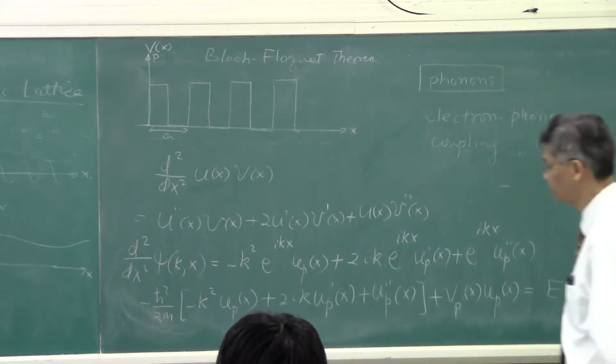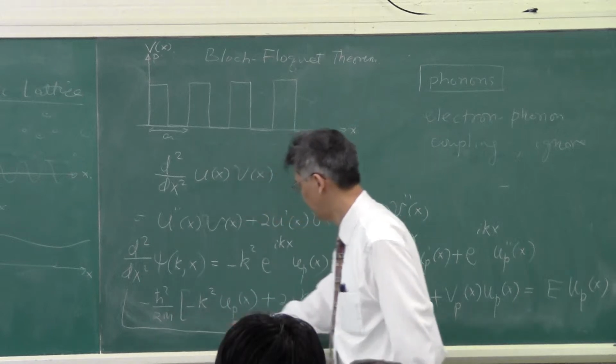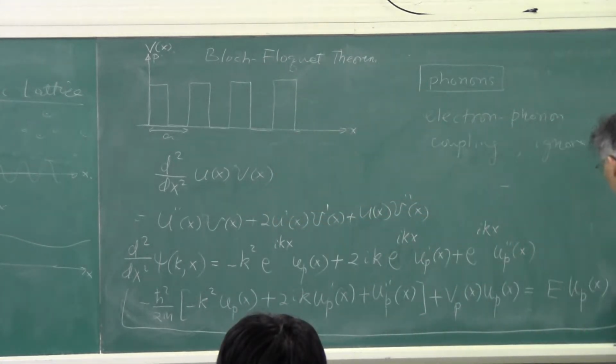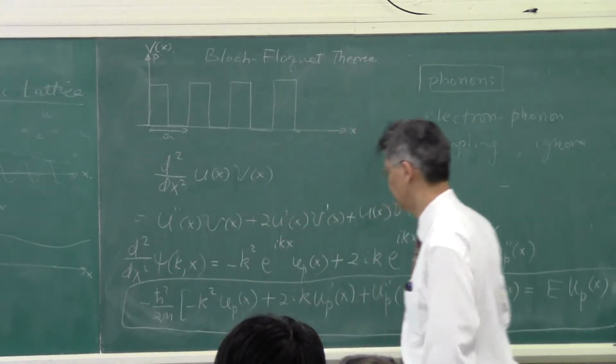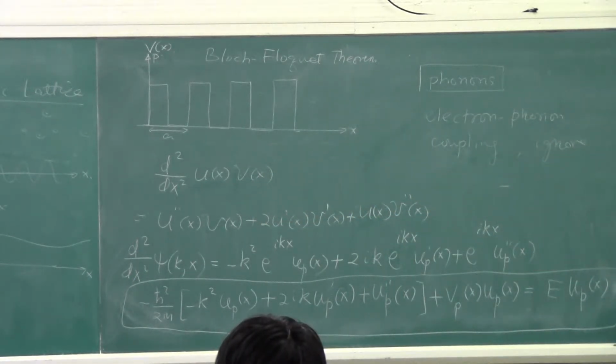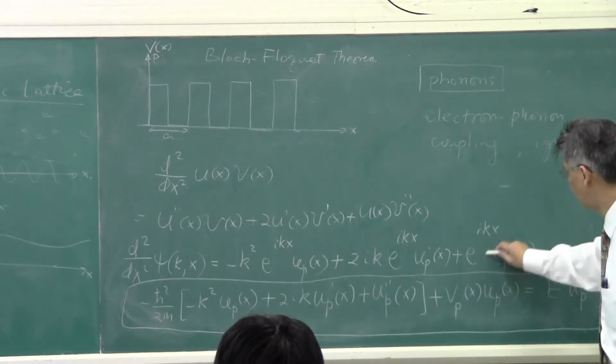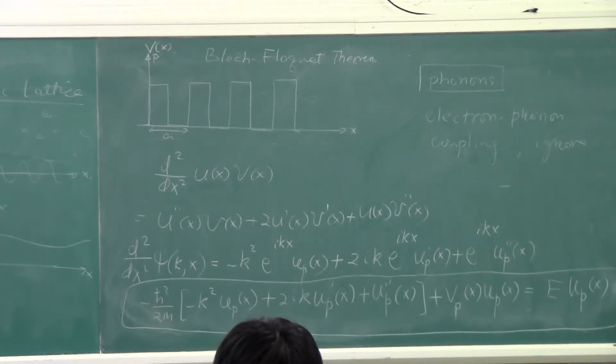So the periodic function must satisfy this equation that I have derived over here. You just substitute that into the equation, you cancel e to the ikx from both the left hand side and the right hand side, and you're left with that equation for the periodic function.